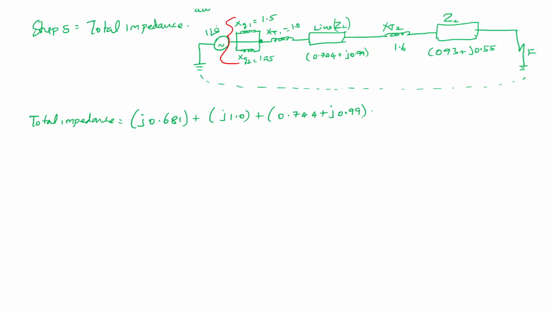No, once again check whether all values are added. 1.6 plus... maybe I also will be wrong, but anyway, we'll check for others also. 0.55, so add this. So 0.93 plus 4.5 j.